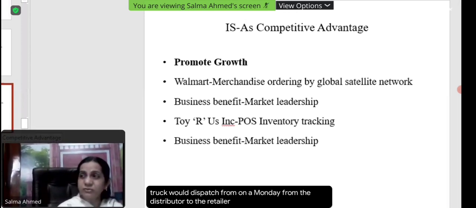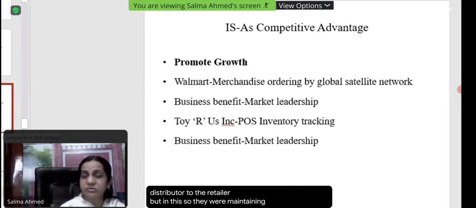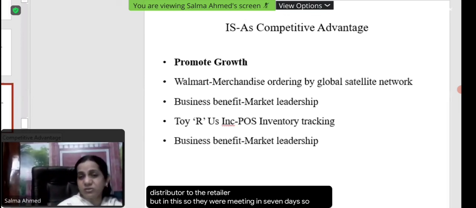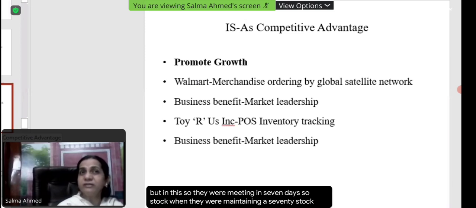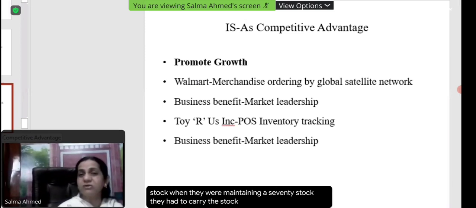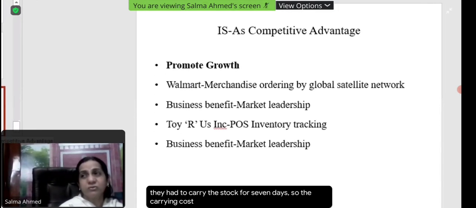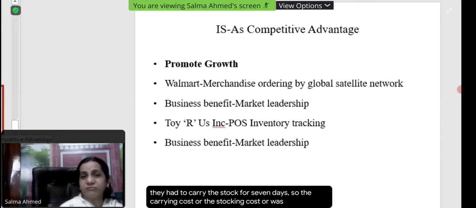But in this, they were maintaining a 7 day stock. When they were maintaining a 7 day stock, they had to carry the stock for 7 days. So the carrying cost or the stocking cost was very high at the retailer shelf.